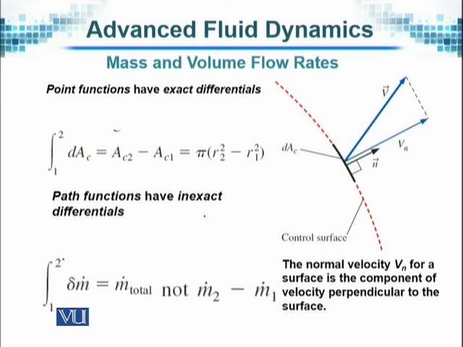Point functions have exact differentials, and therefore the integral from the lower limit to the upper limit, from one point to the other over the area Ac, will be equal to Ac2, the integral at the upper limit, minus the integral at the lower limit.